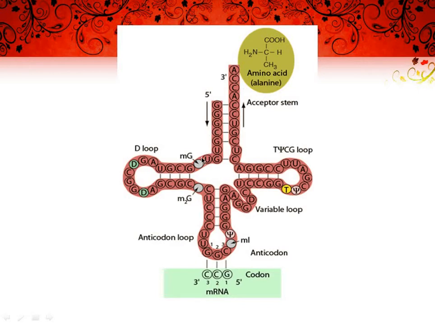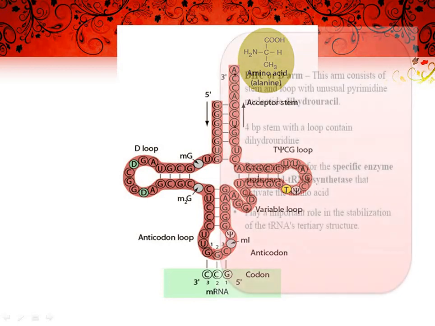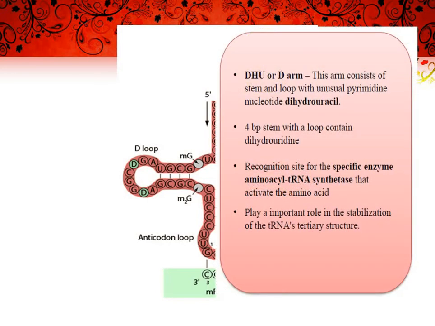Now, toward this 5' end, there is a formation of a loop. We call this loop the DHU loop, because it contains unusual nucleotides, that is dihydrouracil nucleotides, hence the name DHU loop.